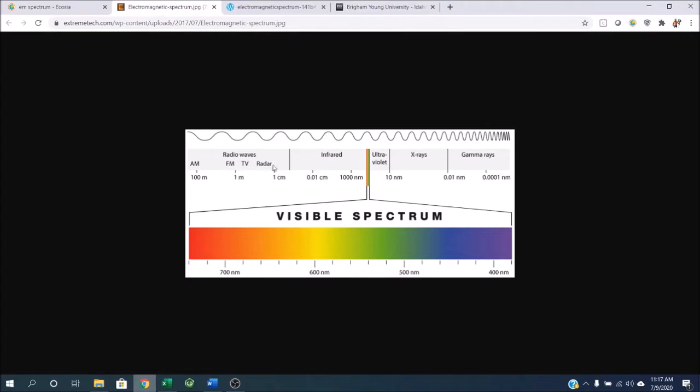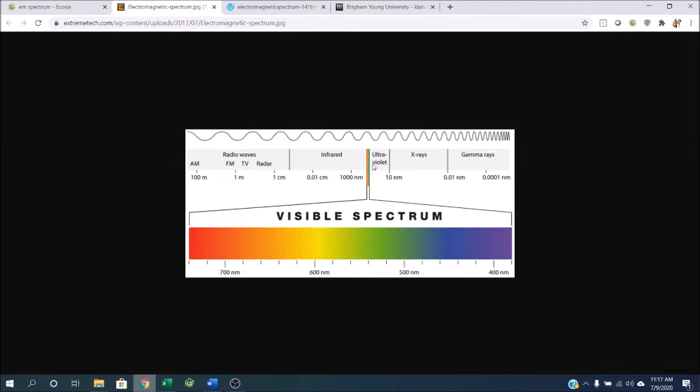This refers to all different types of electromagnetic radiation and orders them based on their wavelength. You'll notice, hopefully this is familiar to you, that X-rays and gamma rays tend to have very, very, very short wavelengths, which results in them having very high frequencies, which also results in them having very high energies. That's why, biologically speaking, X-rays and gamma rays tend to be more destructive.